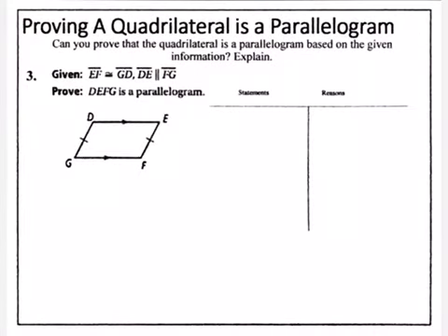Here they tell us that EF is congruent to GD and DE is parallel to FG. Prove that DEFG is a parallelogram. Well, in this case, this doesn't satisfy any of the conditions right off the bat, and I don't really see a connection we can make here.